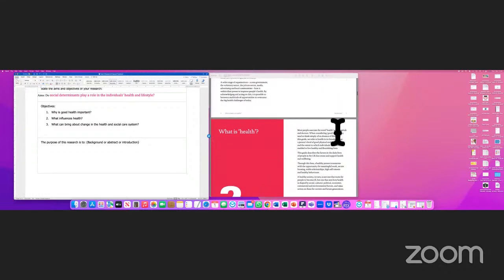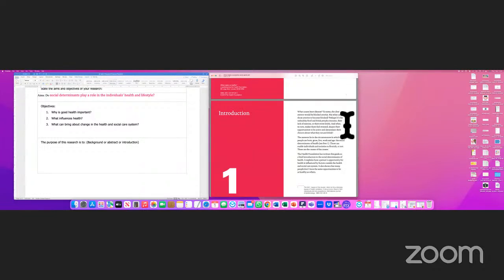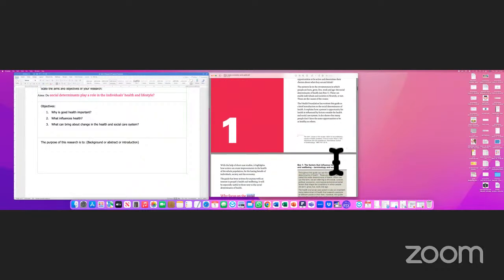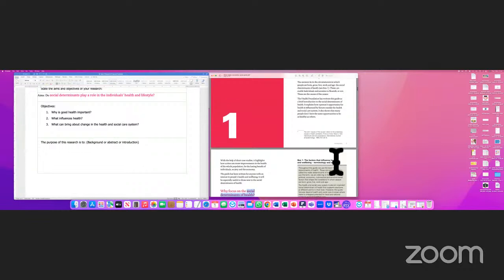When I look at the introduction here, it talks about what causes disease and a couple of circumstances, and then it says the Health Foundation has written a brief introduction to the social determinants of health. So this gives you an idea of why this research report is being looked at.